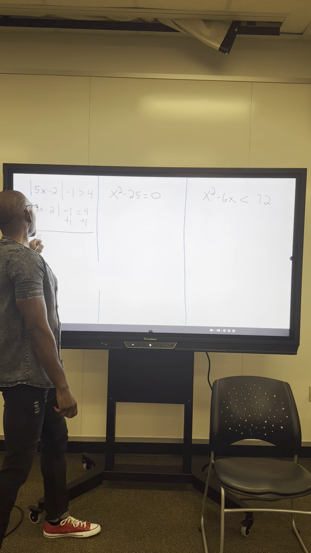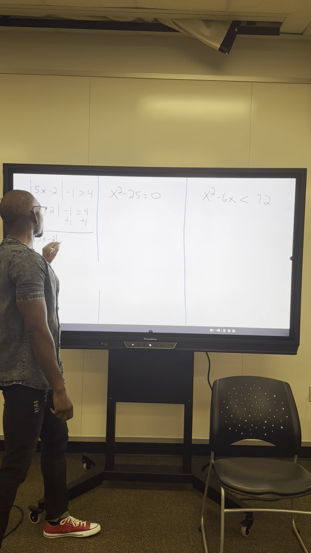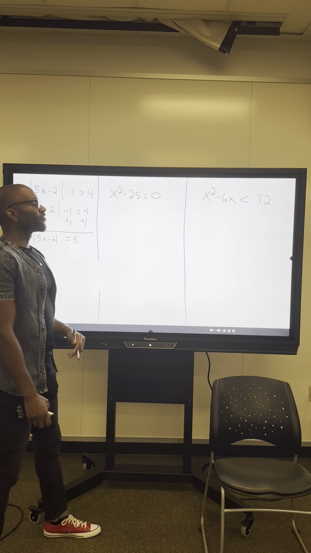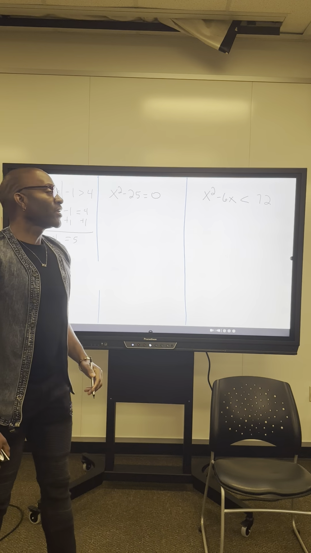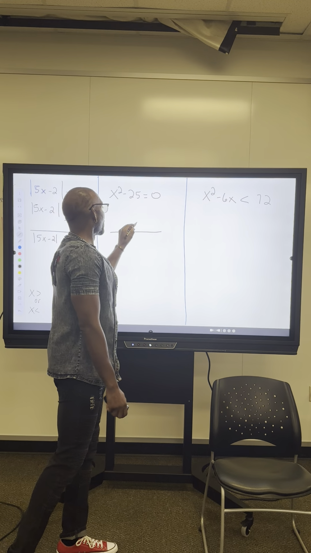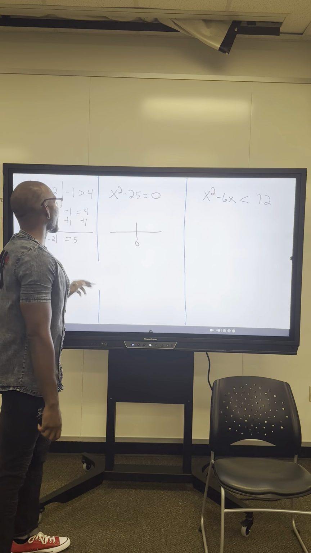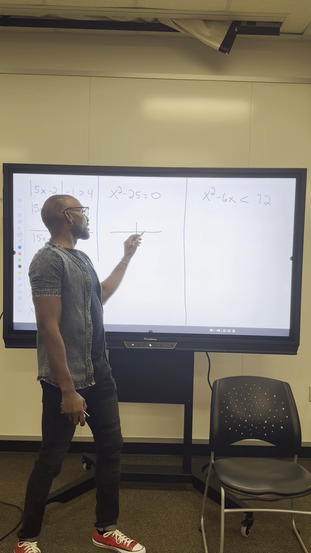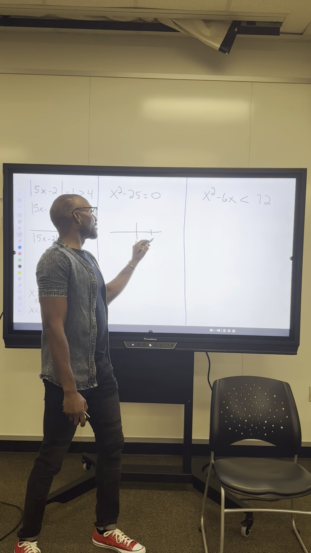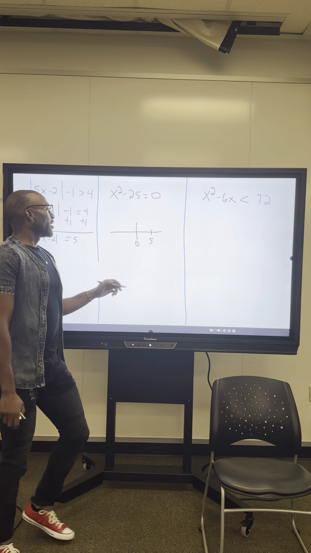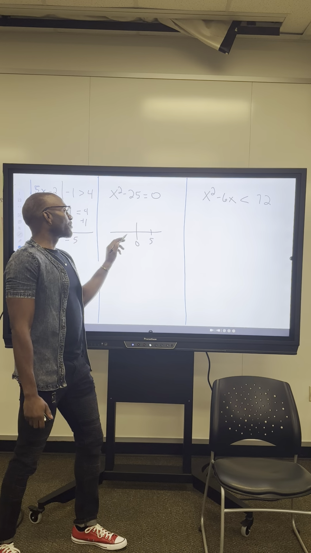We still have the absolute value of 5x minus 2, but that's going to be equal to 5. The absolute value means the distance away from 0, and we know that's going to be equal to 5. If I go 5 places to the right, I'm going to be at 5.